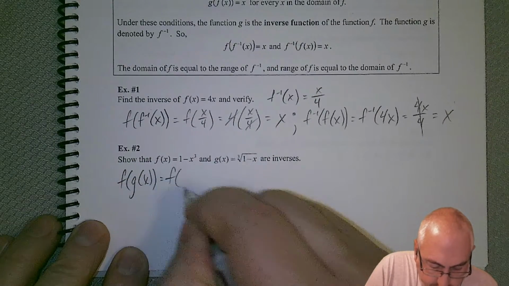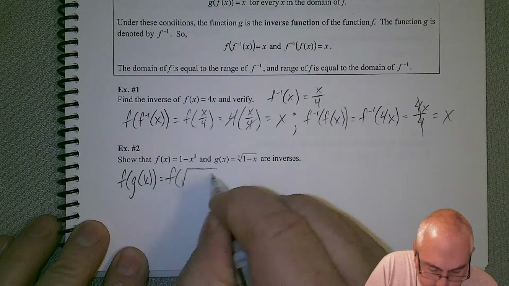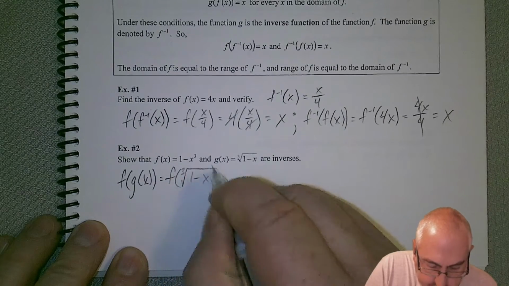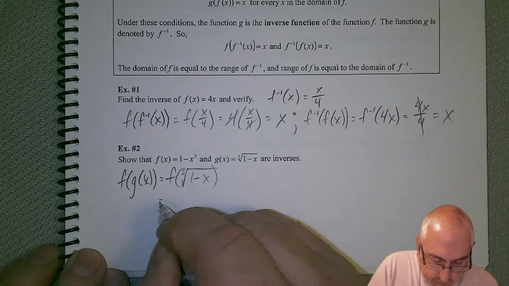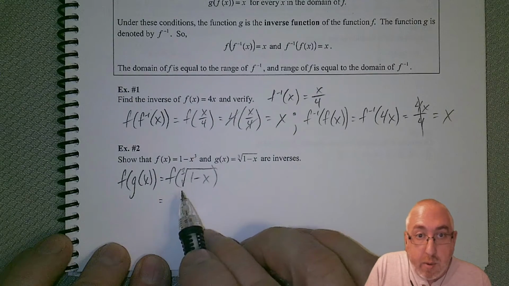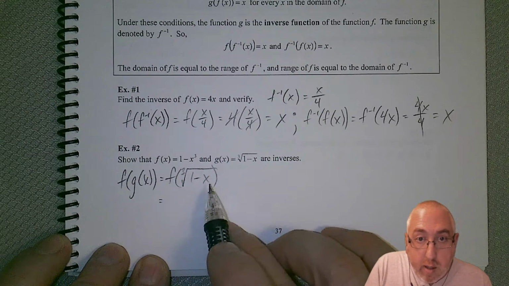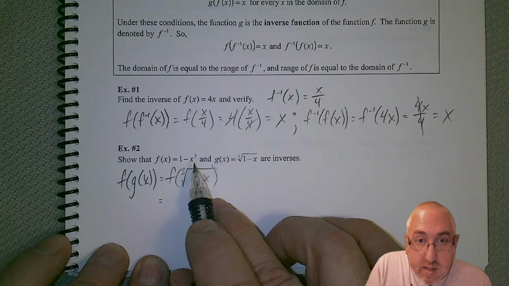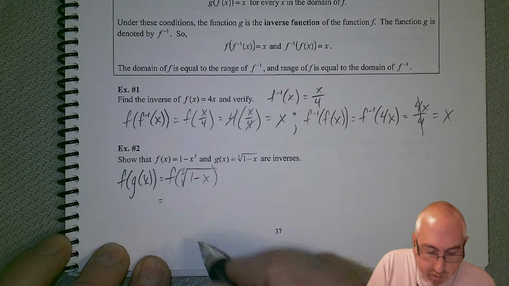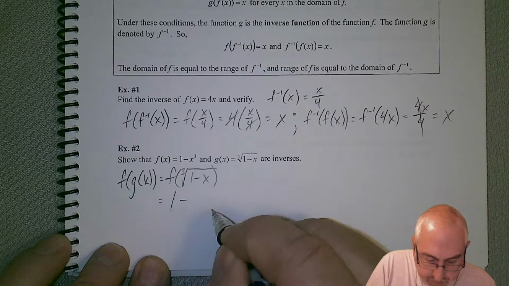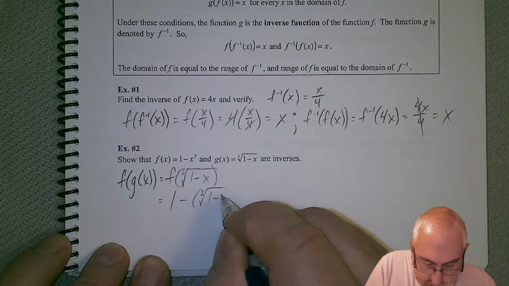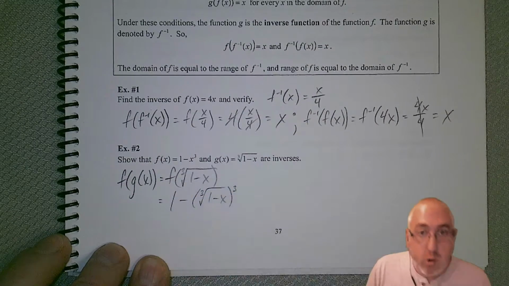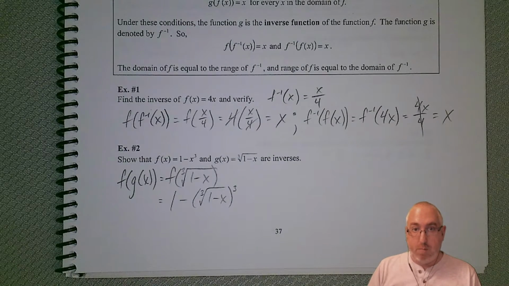So we want f of the cube root of 1 minus x. I'm going to go right down below here. We have to plug this input in for x in function f. So be really careful how you write this. We want the cube root of 1 minus x, but then we have to cube that. So what are we going to cancel out first?